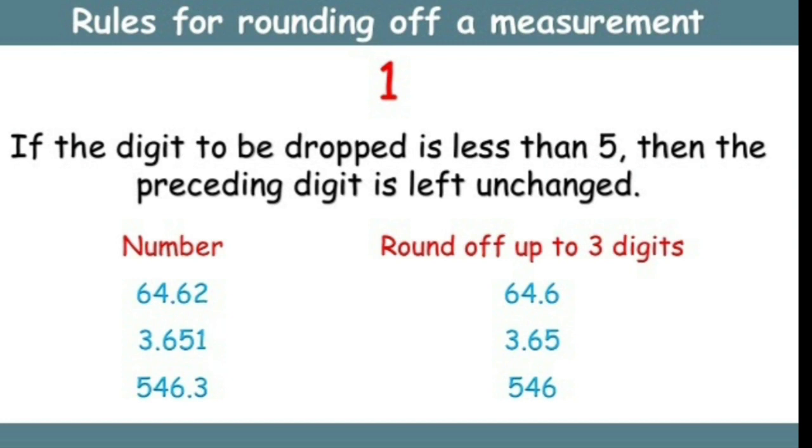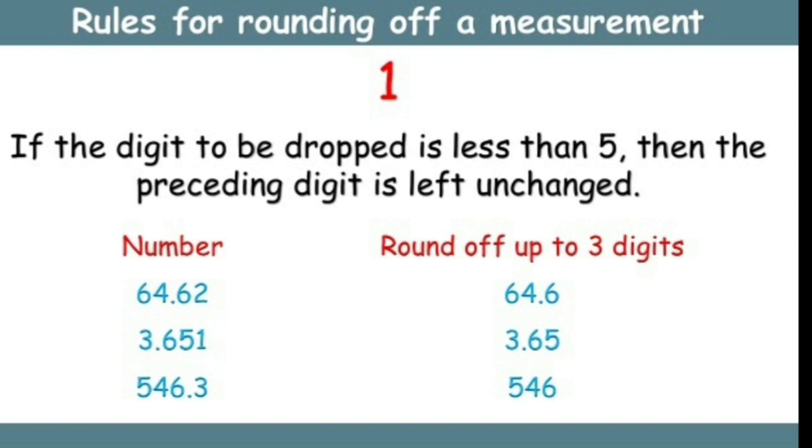So the measurement is 64.62 and we have to round it off up to 3 significant digits. So when we write the measured value, there should be only 3 significant digits. Okay. This type of situation arises especially when we do error analysis.